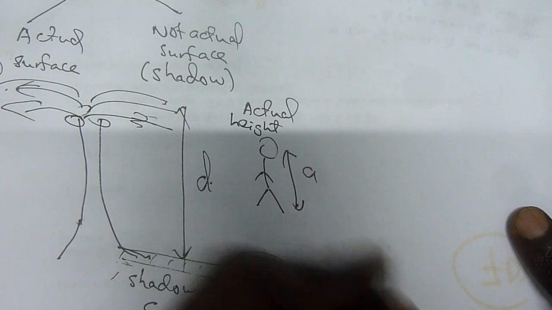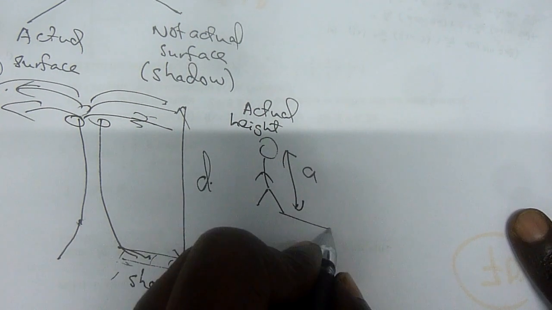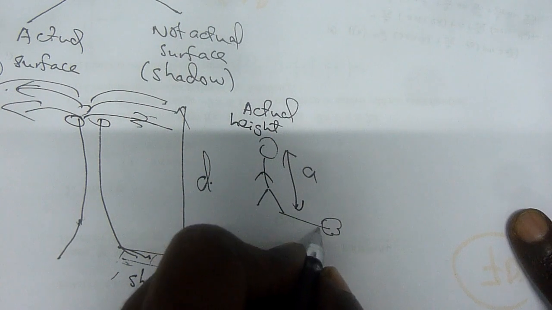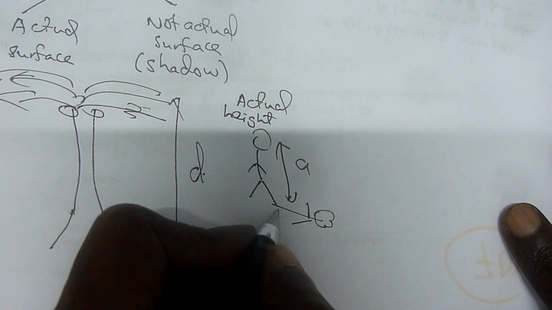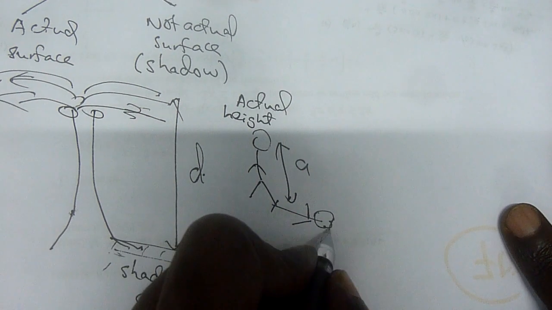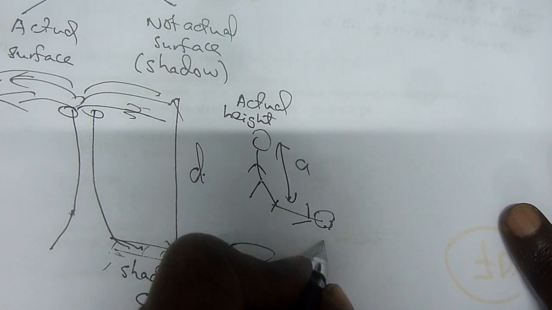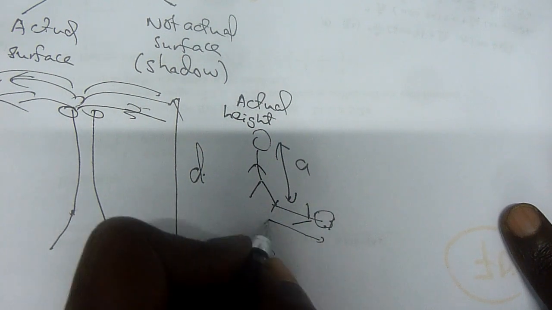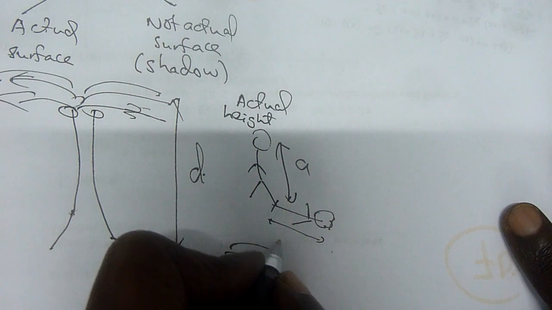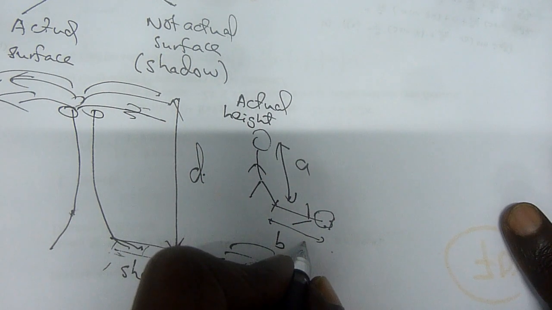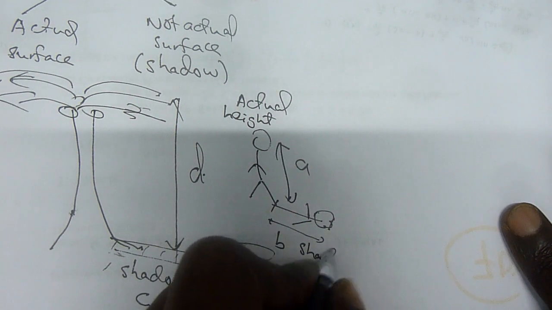Then you try to see your shadow. Your shadow here. Then use the ruler, you can use the ruler to measure the height of the shadow, called B. This is the shadow height.